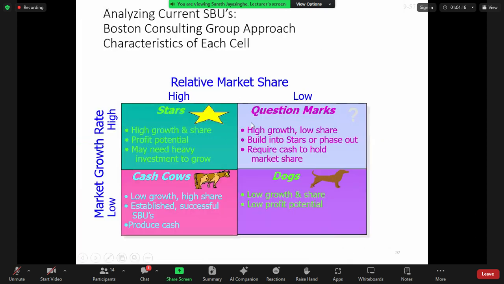And these are the relative strategies. You can see relative market share. Stars: high growth rate, future profit potential, may need heavy investment. Question marks: high growth, low share, build into stars or phase out, require cash loan. Here you can see low growth, low share, low profit potential, so you have to divest.